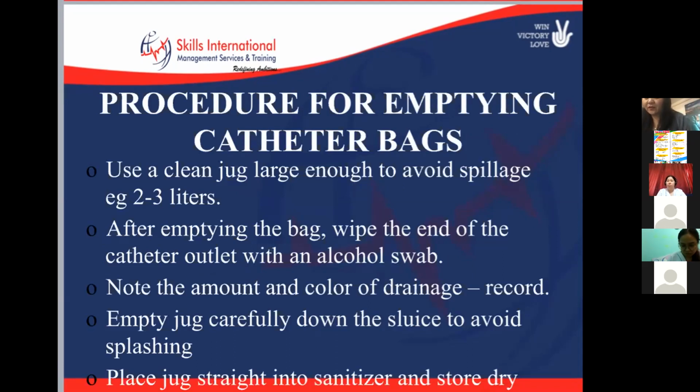Do not forget, always, the amount, how many cc, and how it looks, the color. And then you have to empty the jug carefully down the sluice to avoid splashing. Place the jug straight on the sanitizer to store dry.